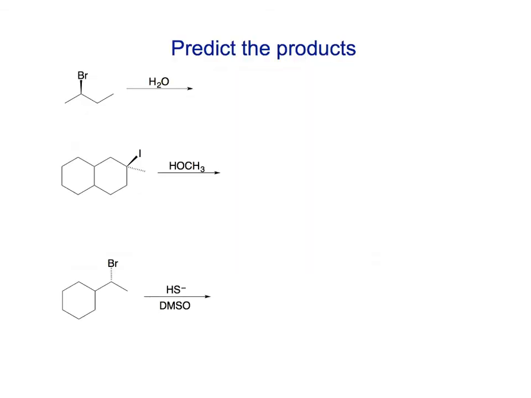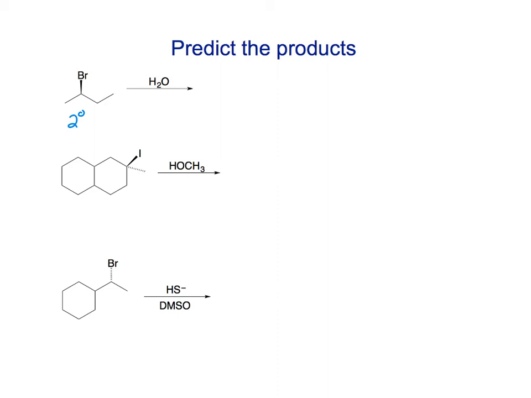Let's try to put this all together and do 2 things. First, we're going to predict the mechanism, and understanding the mechanism, we're going to predict the products. The first thing that we'll always look at is the alkyl halide. The first reaction, we have a secondary alkyl halide.